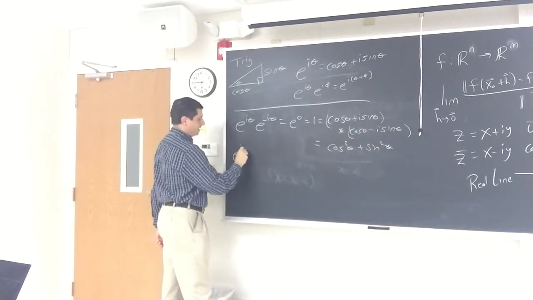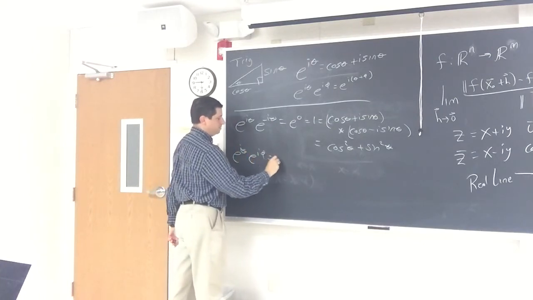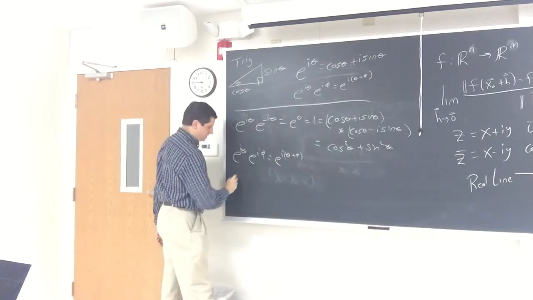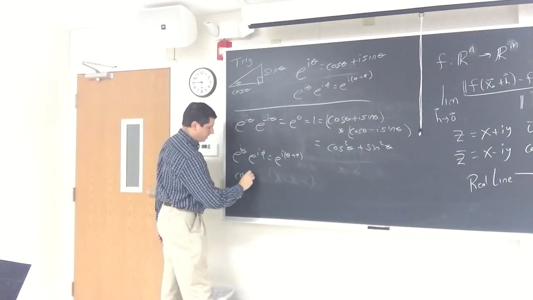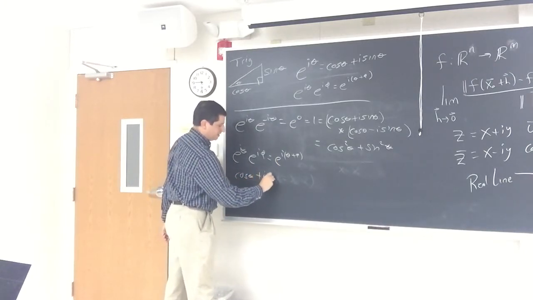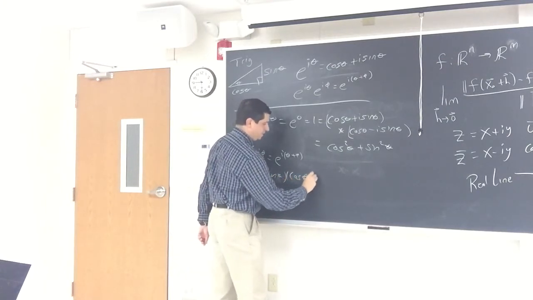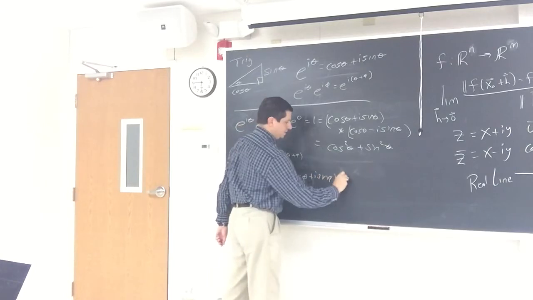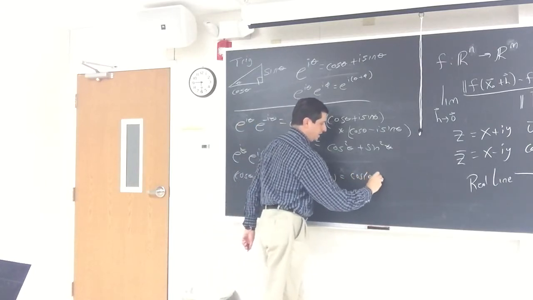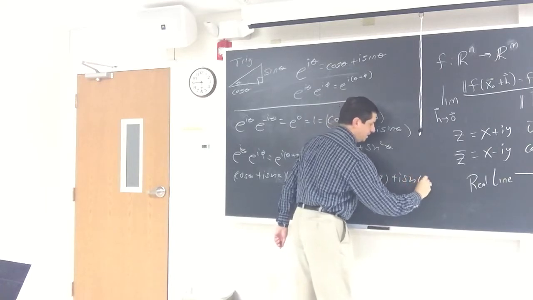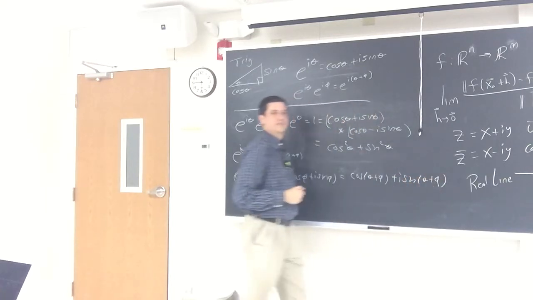If I take e to the i theta, e to the i phi, being e to the i theta plus phi, when I expand things out, I'll get cosine theta plus i sine theta, cosine phi plus i sine phi, which is cosine theta plus phi plus i sine theta plus phi. And if I really want to do it in a minute, I just say now we're done.